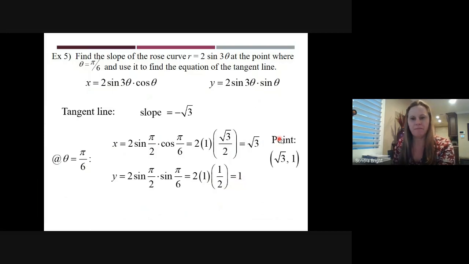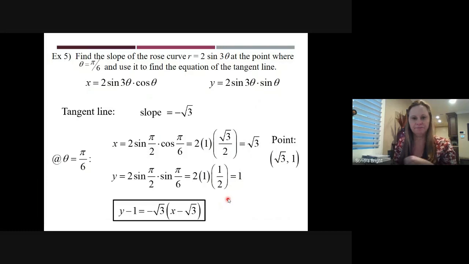And so the point is root 3 comma 1. And then you put it in point slope form. y minus y1, that's the 1 coming right here, equals the slope, negative root 3, times the quantity x minus this x1. And there is the equation of the tangent line at that point when theta is pi over 6.